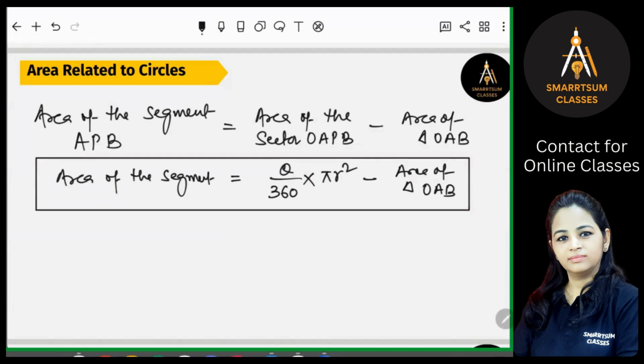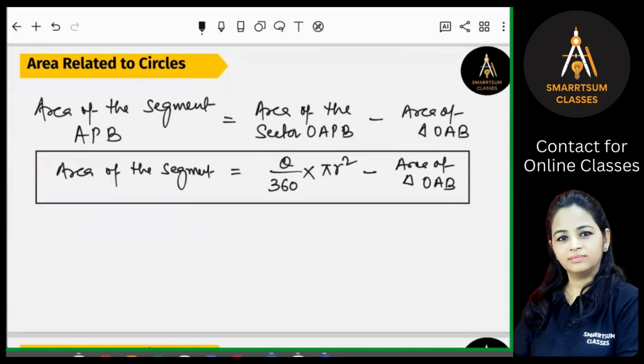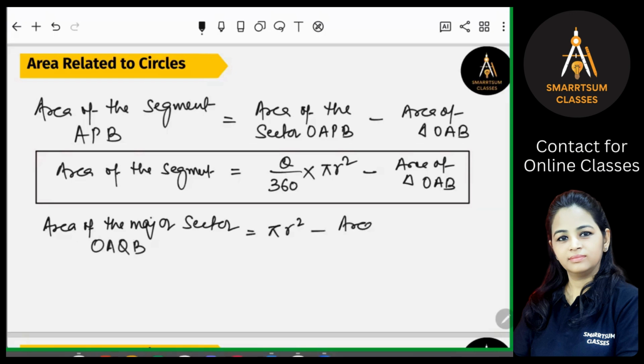Is that clear? Right. So now we can also write down the area of the major segment and minor segment. Area of the major sector OAQB is equal to pi r square minus area of the minor sector OAPB, right?